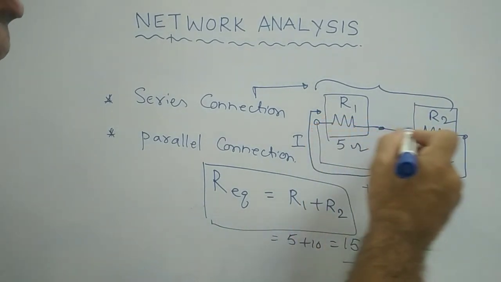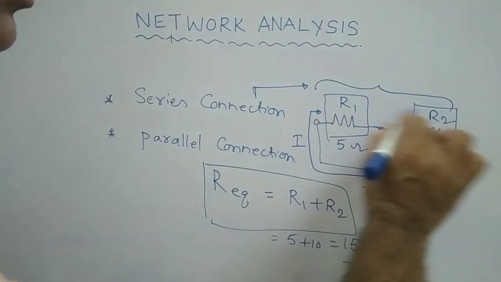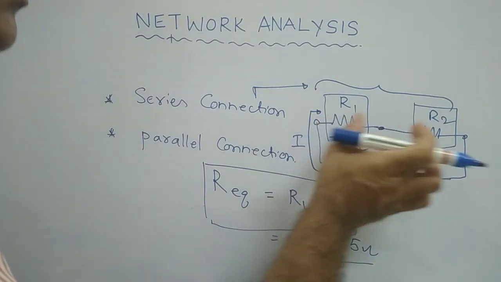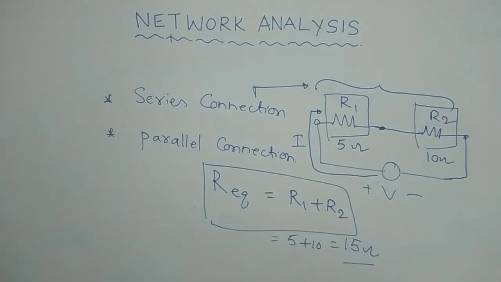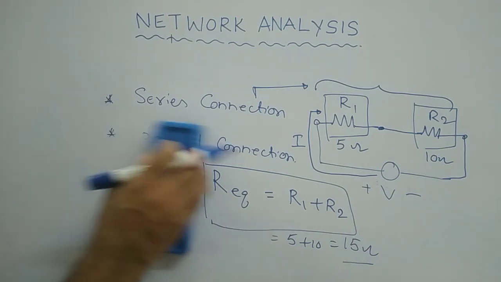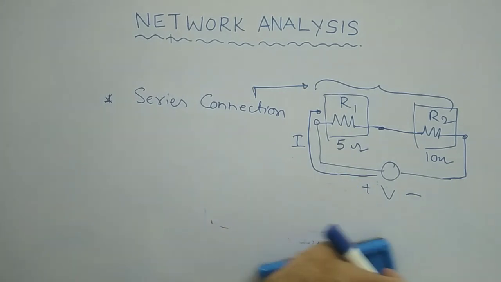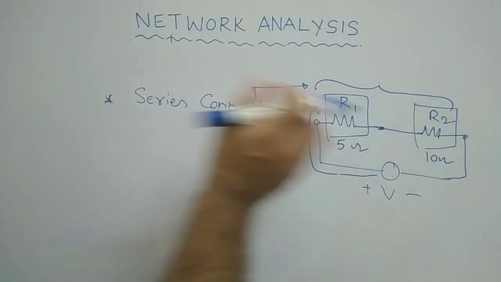So when the resistances are in series connection, the same amount of current flows through these resistances, but if you see the voltage drops across each resistor. What is the voltage drop? Let me explain that also. Voltage drop is nothing but the voltage available across each resistor.